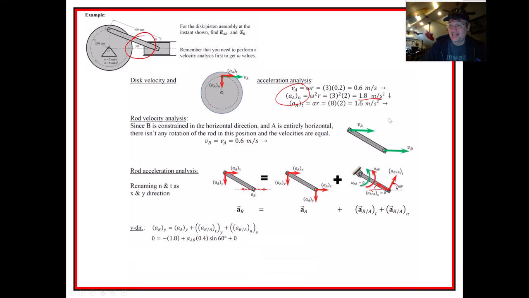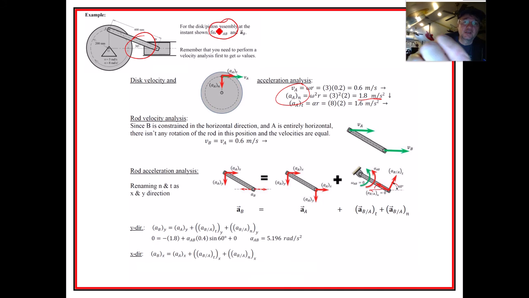Finding that angle is an important step. And from that, we're able to find what alpha AB is. And now that we know alpha AB, we're able to come back into here, which was one of the things we were setting out to do in the beginning.